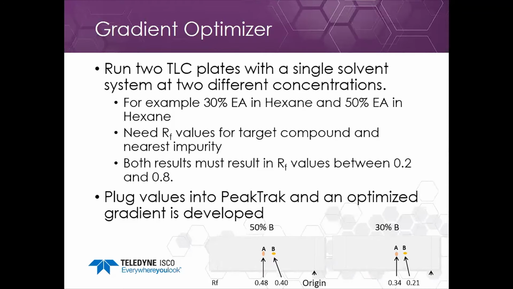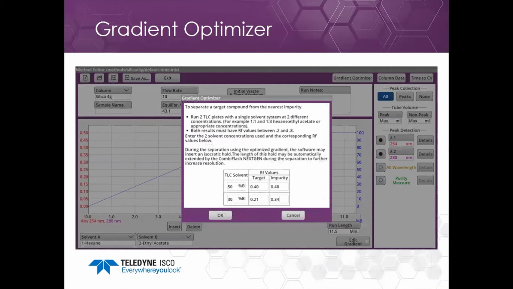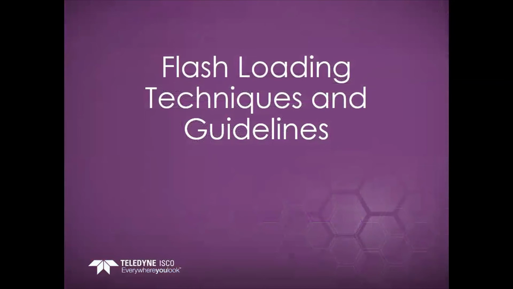So now I can plug those values in, and it's going to generate a gradient for me. Here's what the screen would look like in your method editor. You can see the gradient optimizer in the upper right corner, and that would bring up this dialog box where you would enter your RF values for the 2 different solvent systems, and the instructions are there too.